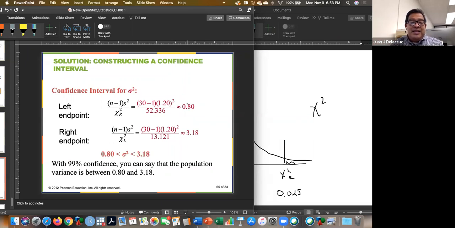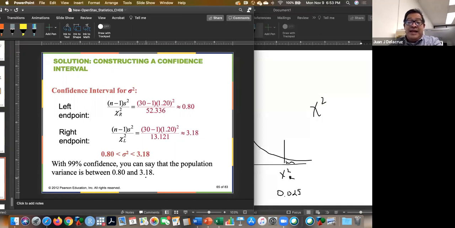As you can see, the math is almost nothing. So we have this left endpoint and right endpoint. We can say that with 99% confidence, the population variance is between 0.8 and 3.18. Once again, do you know the population variance? No, I don't.